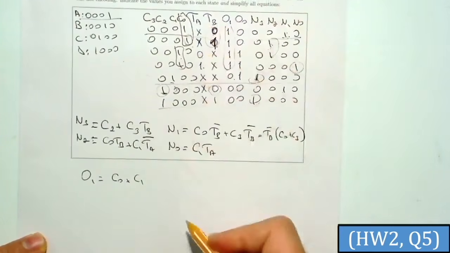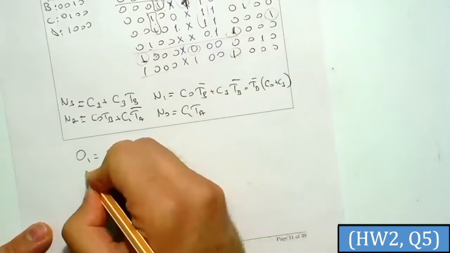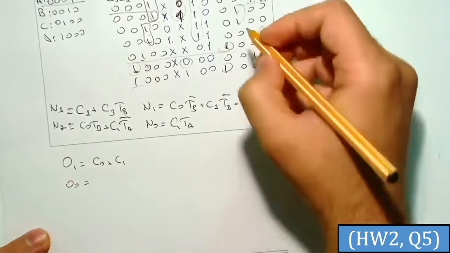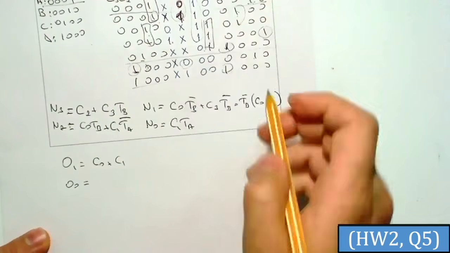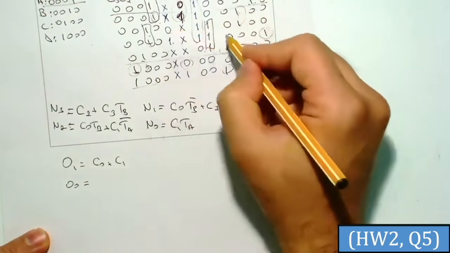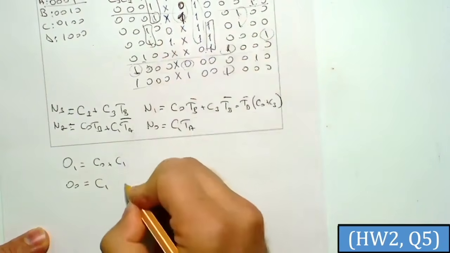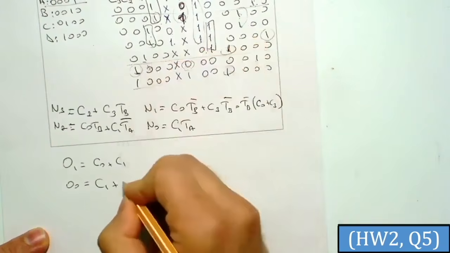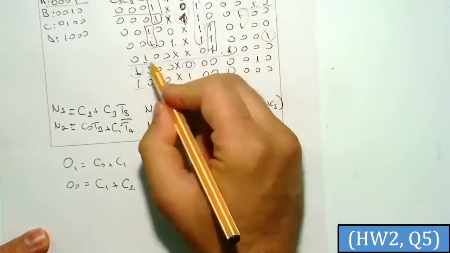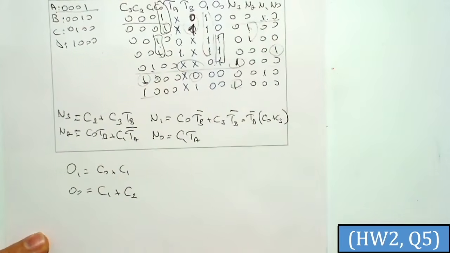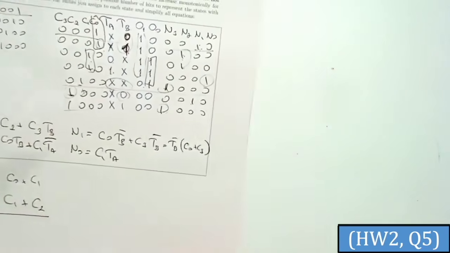It's the same for the TA. So I only have C0 and C1. For O0, I have ones here. So I have C1, 1, and it doesn't depend on the TA, or I have C2, 1, and that also doesn't depend on the input. So these are the Boolean equations for output.